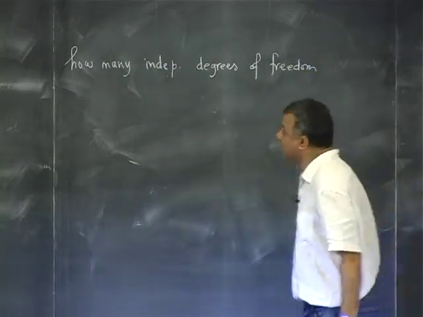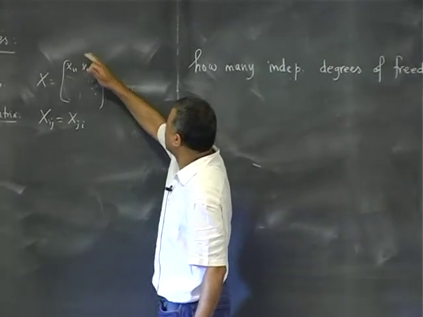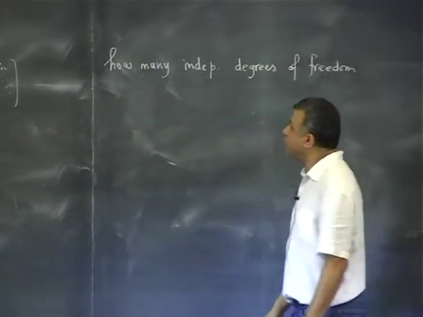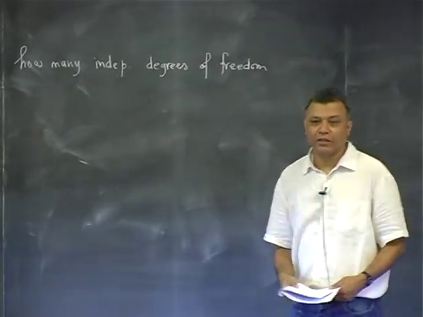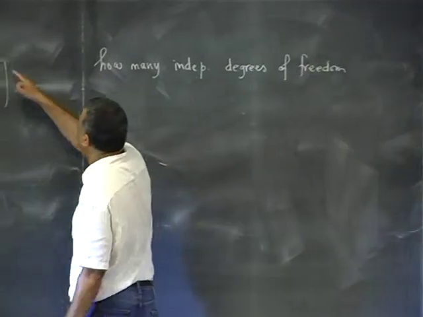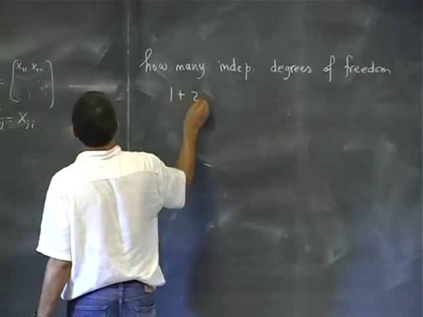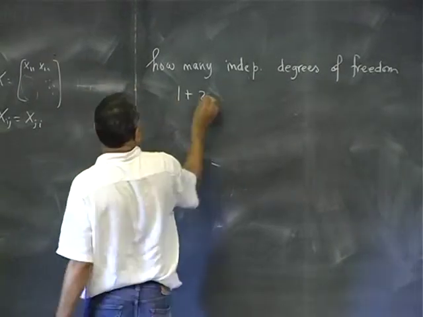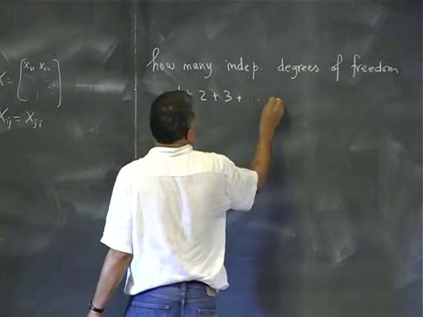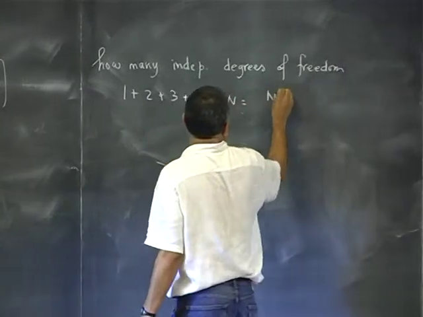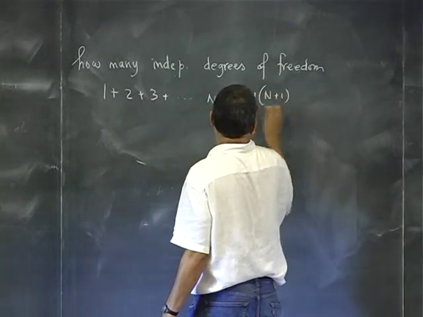Then I can choose independently only the upper diagonal block here, right? So how many are there? Anybody? Exactly, that's a good answer. So I just add 1 plus 2 plus 3, starting from the corner, up to n. So this is n(n plus 1)/2.